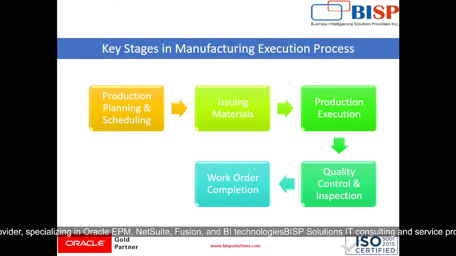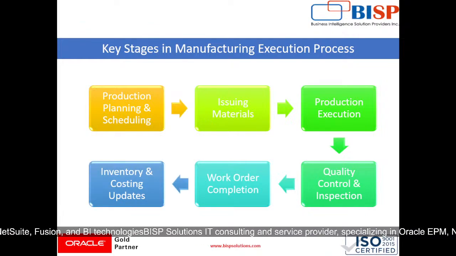Next is work order completion, where finished goods are recorded and transferred to inventory, and the work order status is updated to completed. Lastly, inventory and costing updates, where inventory is updated with finished goods, actual production cost is calculated, which means labor, overhead and material costs, and planned versus actual cost is compared.